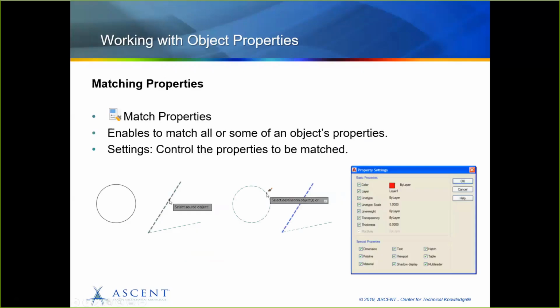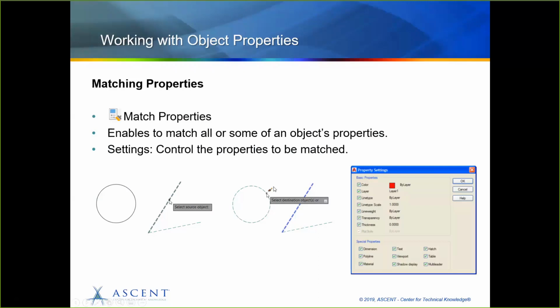Now, the next tool that is provided in AutoCAD software is the match properties tool. To make objects in your drawing have the same properties as another object, you can use the match properties command. It enables you to select one object as a source object from where it gets the properties, and then copy its properties to another object that you select. When you select the source object, the cursor changes into a small square box and a paintbrush looking type of cursor.